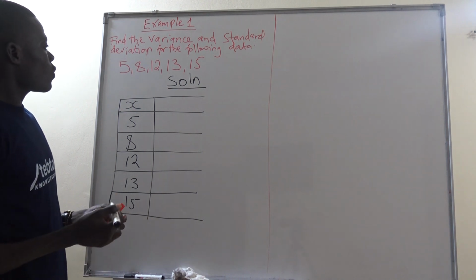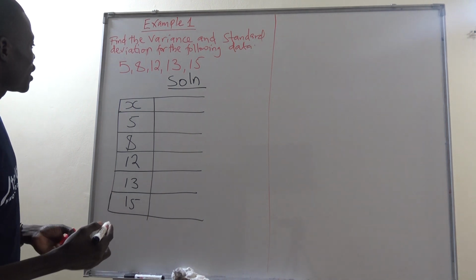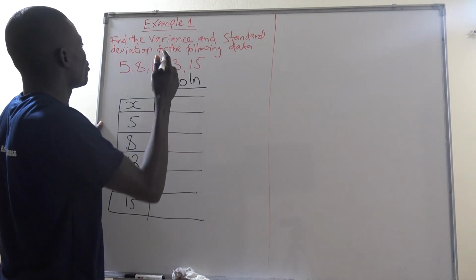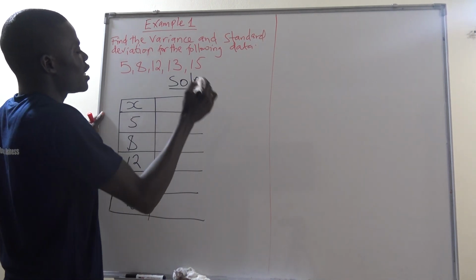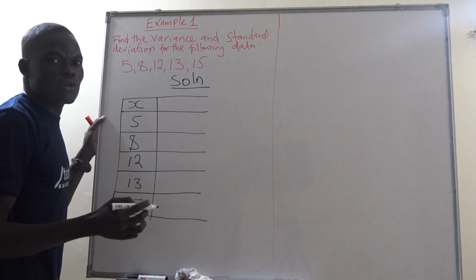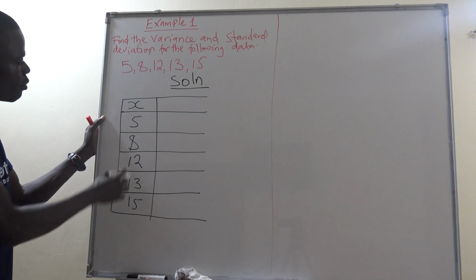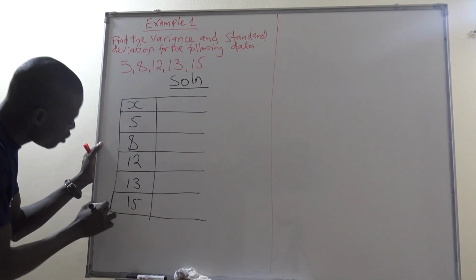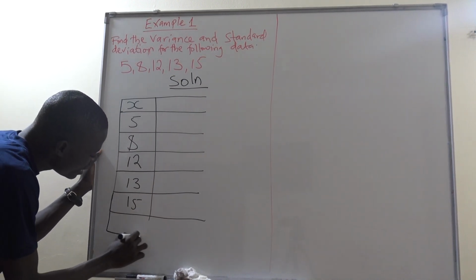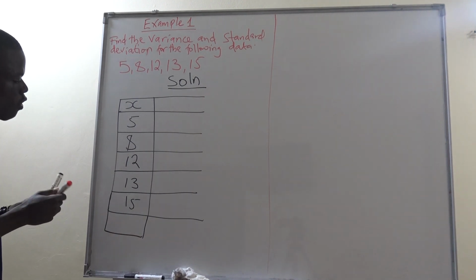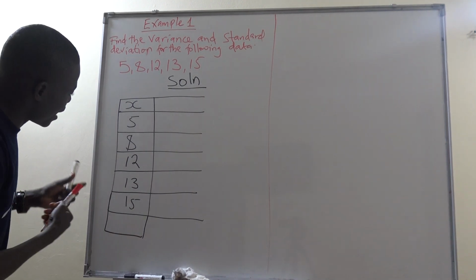When you are calculating variance and standard deviation, you must have the summation of x squared and the summation of x. So whenever you finish putting the variable x, it is better to immediately come down and get the summation of that data.